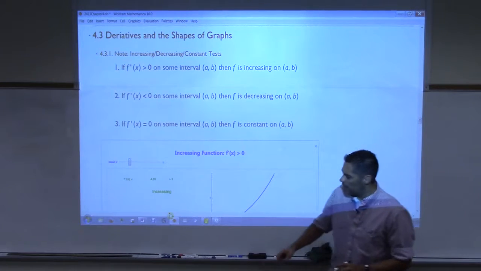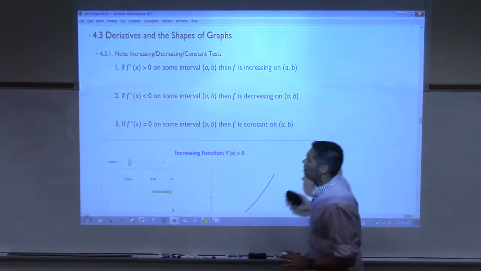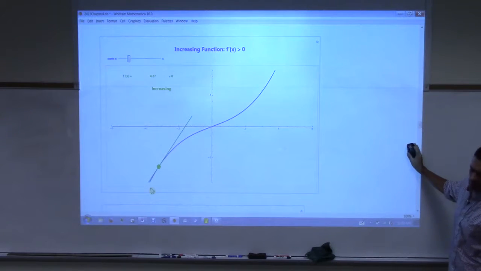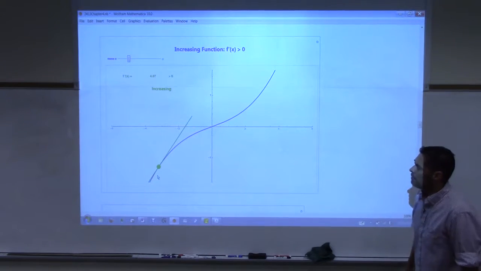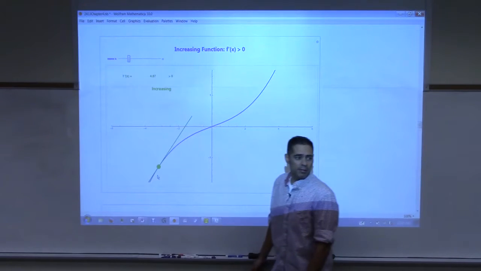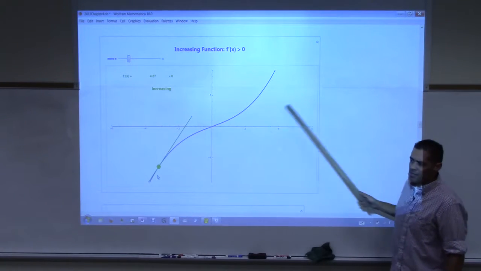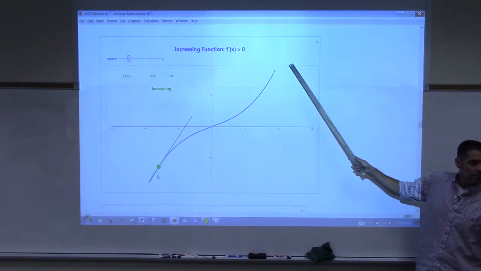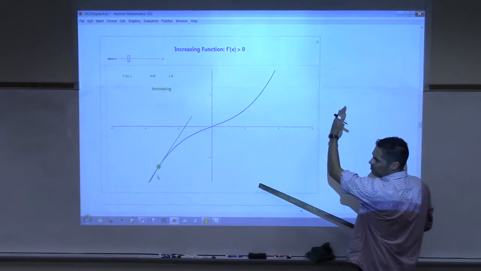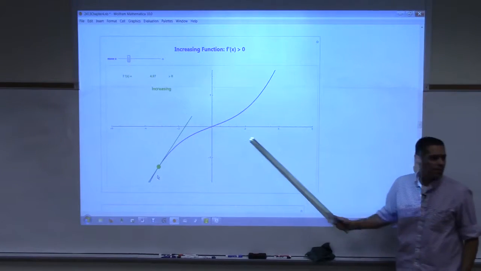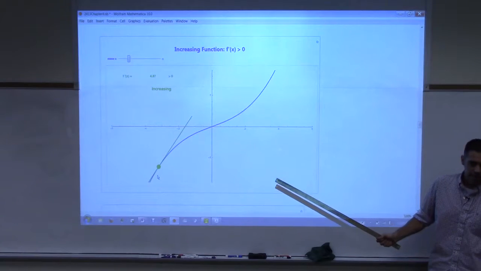So our first little animation comes from what we already kind of know. If you're looking at this blue function, we would say that this function is increasing, because if you were going to read this like a book from left to right, you would be moving up. Like a roller coaster, you're going up the whole time. There's no time at all that you're ever coming down. So this is an increasing function. Y'all understand that?